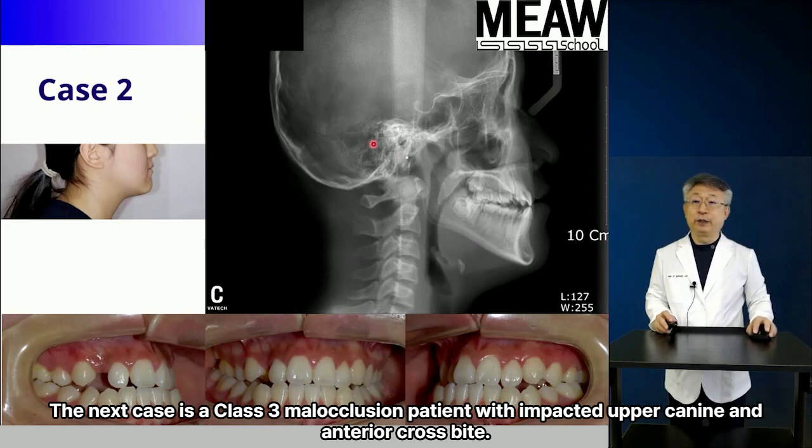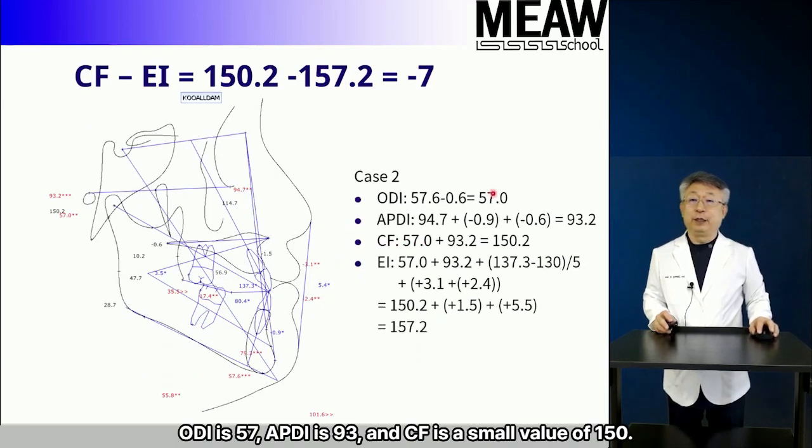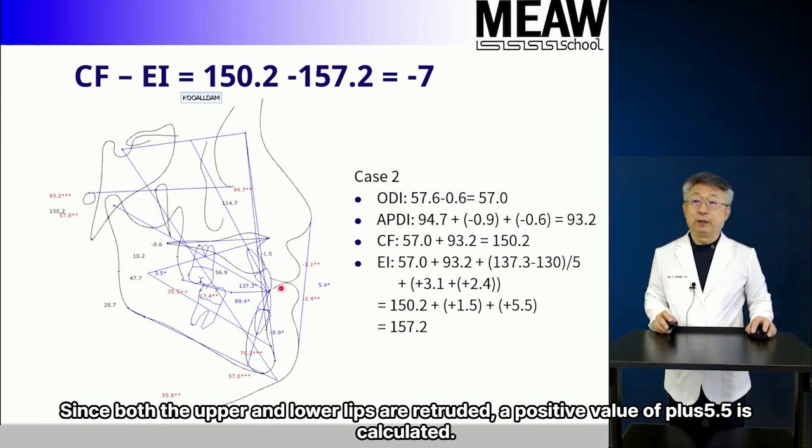The next case is a class 3 malocclusion patient with impacted upper canine and anterior cross bite. ODI is 57, APDI is 93, and CF is a small value of 150. Since both the upper and lower lips are retruded, a positive value of plus 5.5 is calculated.